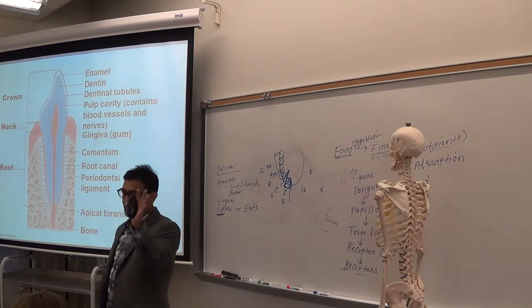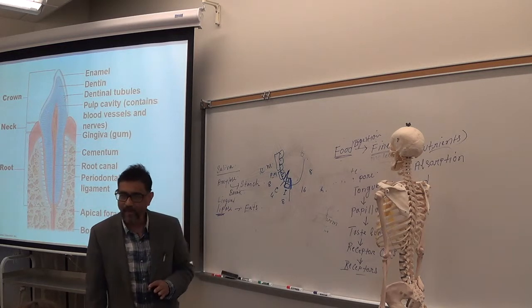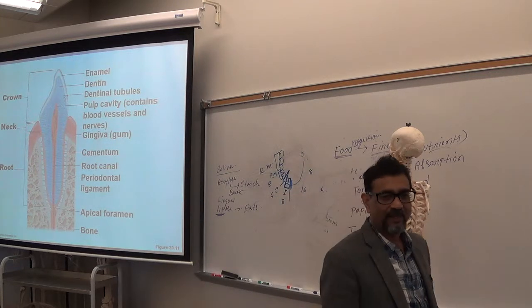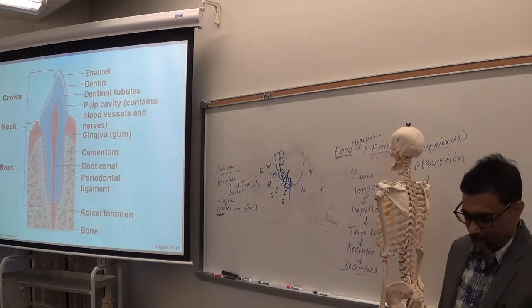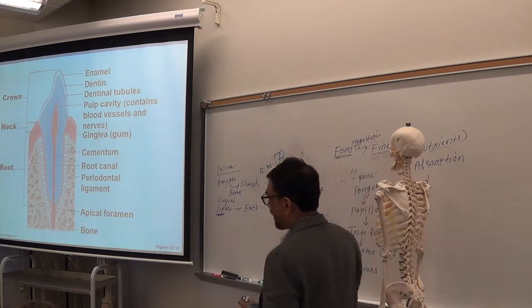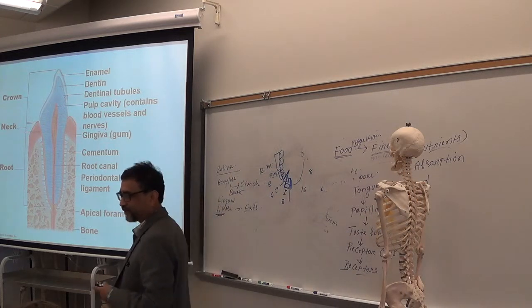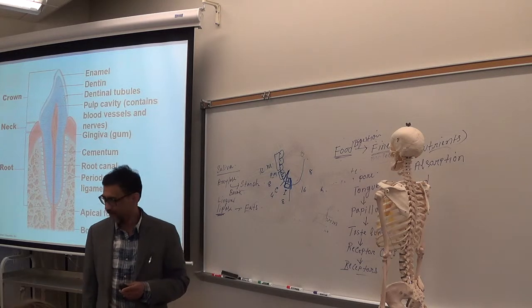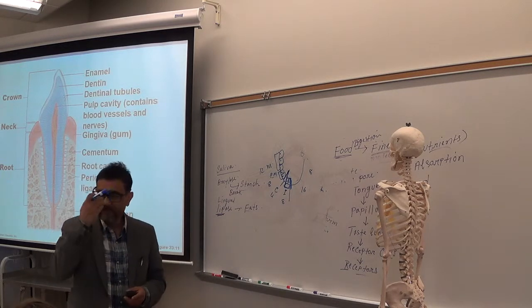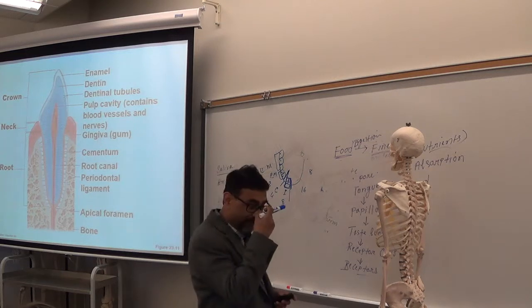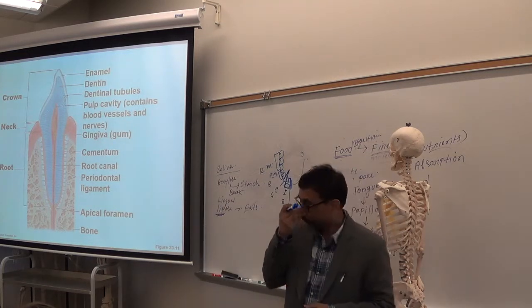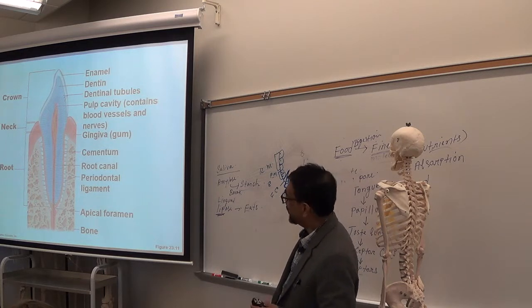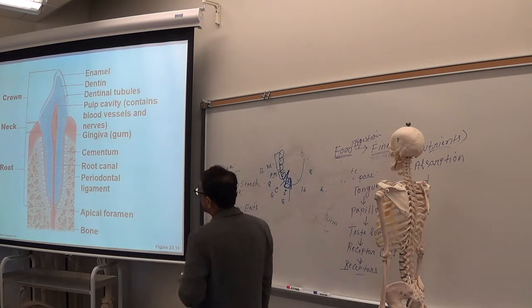Now if you see the structure of a tooth, first let's see the crown part. The outermost layer of the crown is what color? White, right? That is called enamel. That's the white outer cover. Very hard. Hardest structure of the body.